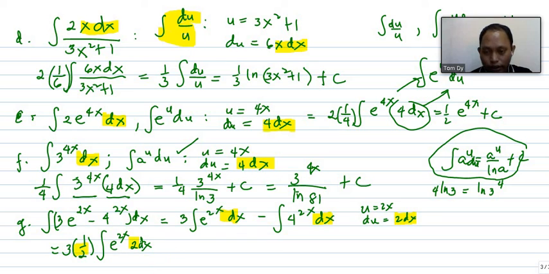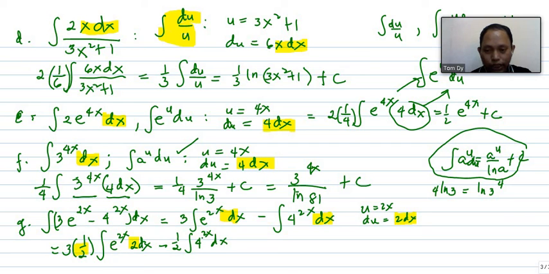Okay. And then this one, minus 4 integral of 4, our u equals 2x, so we have to write also the reciprocal of 2, which is equivalent to 1/2. So 1/2 integral of 4 to the 2x dx.